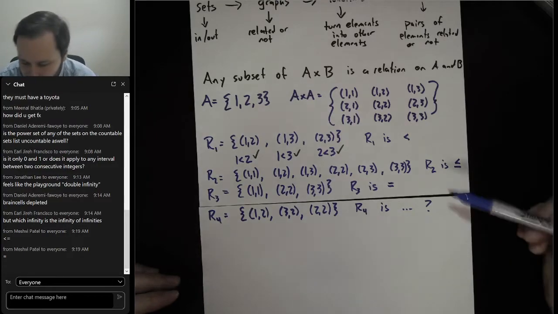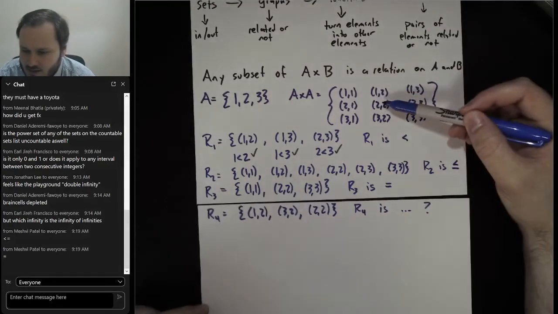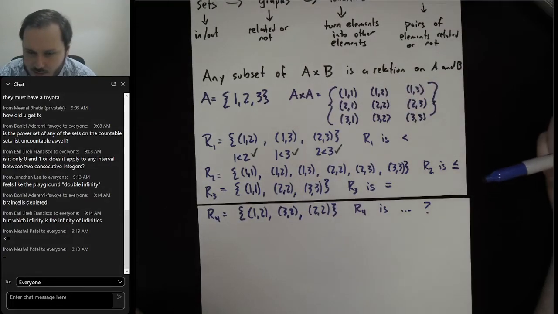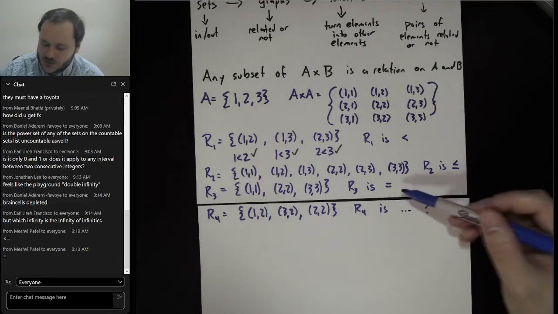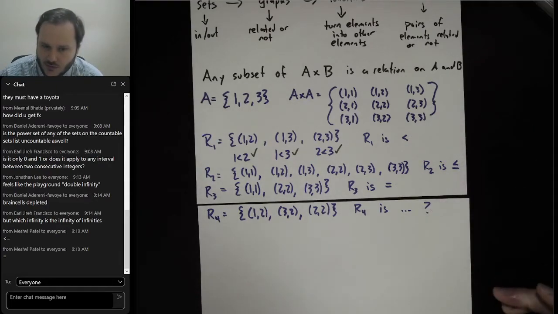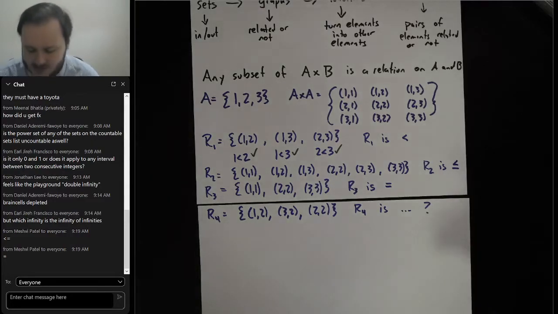So the idea of relations is I'm just taking any subset of my pairs of values. That captures things like less than or equal to, and equal to. But it also captures more stuff that we don't necessarily have a name for.